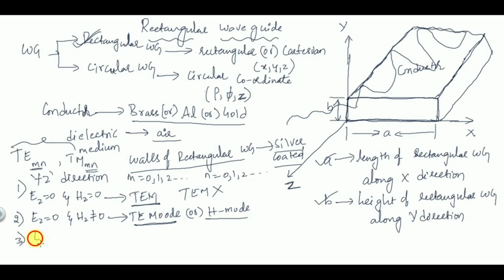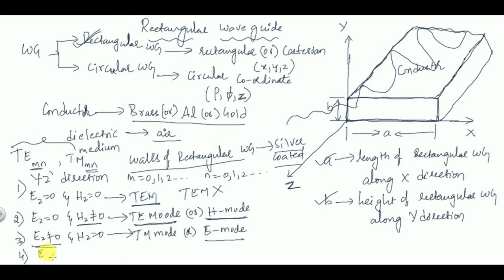If Ez is not equal to 0 and Hz is equal to 0, then it is called TM mode, transverse magnetic mode, or E mode.